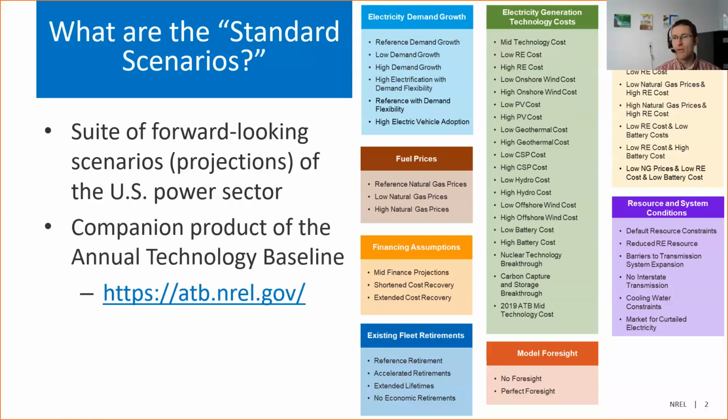What happens in a low PV cost future? What happens in a future where wind gets cheaper? Those come out of there. Those are developed as part of the ATB, and then the standard scenarios is where we exercise those projections to see how they would influence the electricity sector. We used to release them together. We separated them just for convenience, but they're still tied in that way.